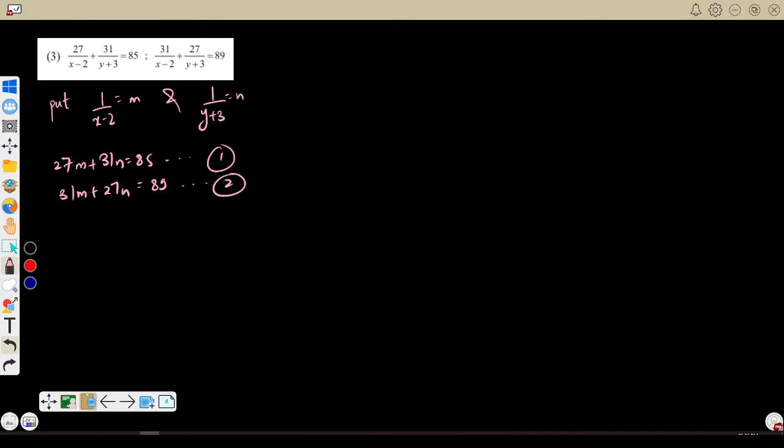Now, to solve this particular equation, if you try to make the coefficients of any one of the variables the same, even if you multiply with some number, the calculation will be much more difficult for you.